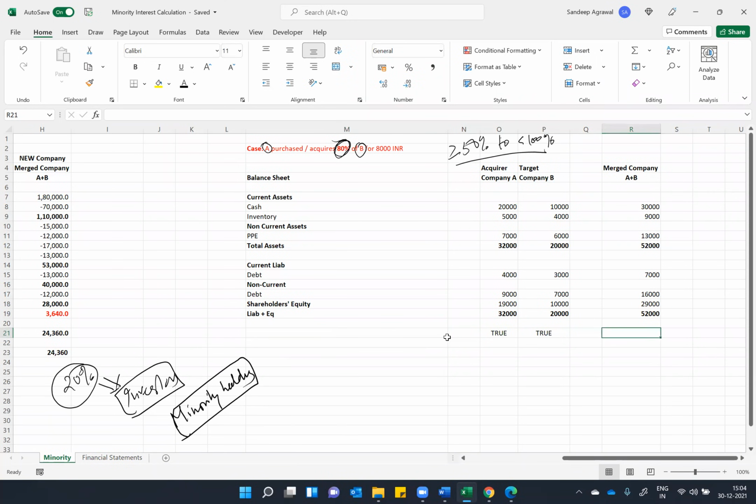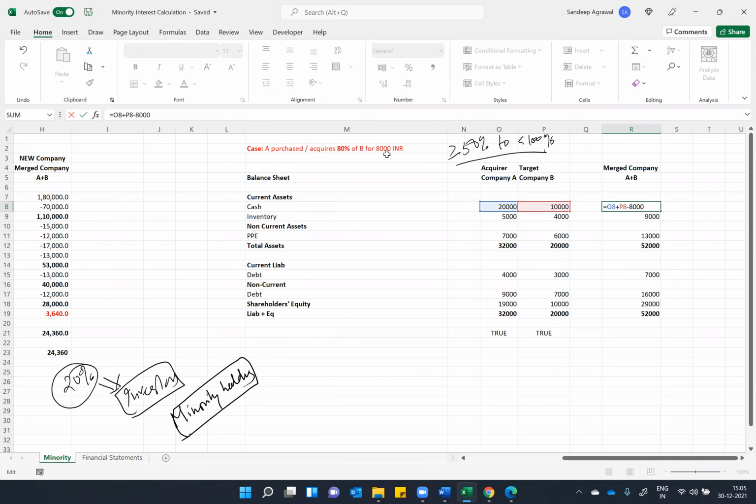So there will be two adjustments here. First, you can see that you have acquired 80% of B at 8,000 INR. Suppose it is a cash transaction; then the combined balance sheet cash should be subtracted by 8,000 INR. Why?